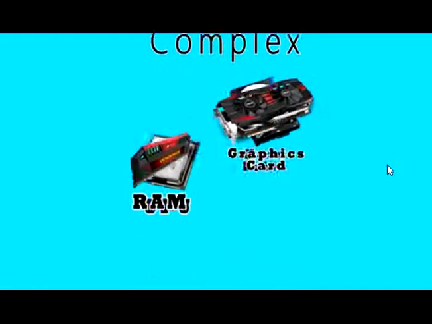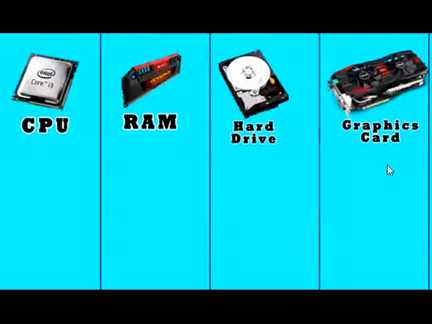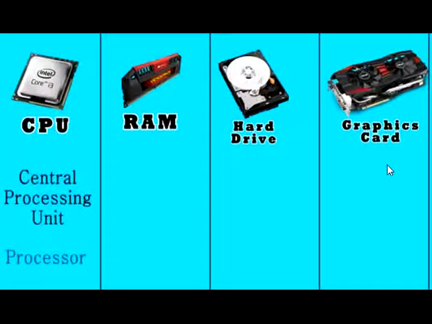These are the 4 complex parts: CPU, RAM, hard drive and graphics card. First I'm going to explain all of them. CPU stands for central processing unit, or we can say processor.